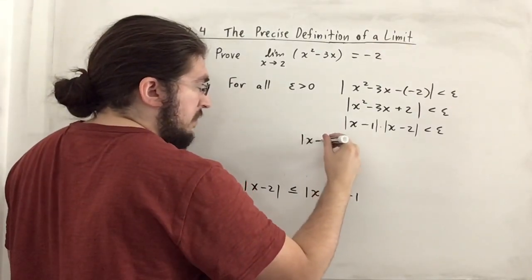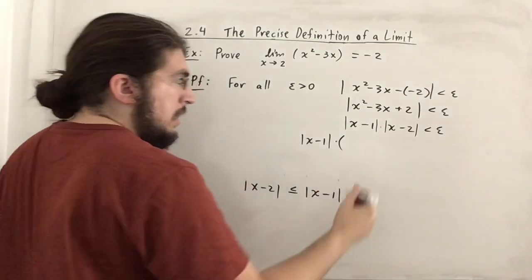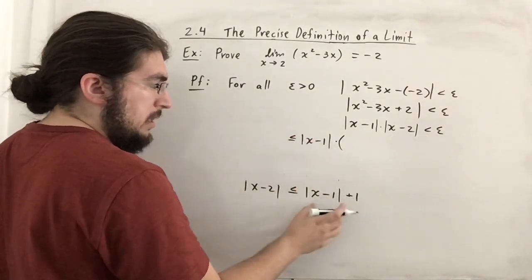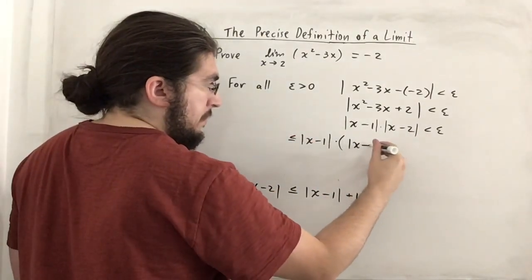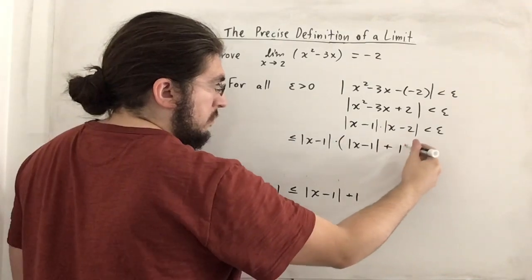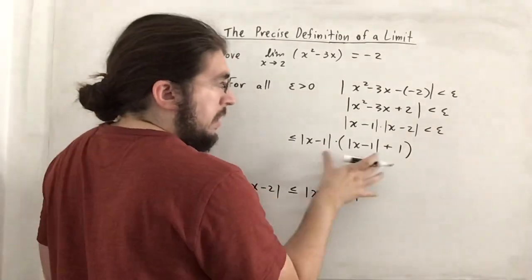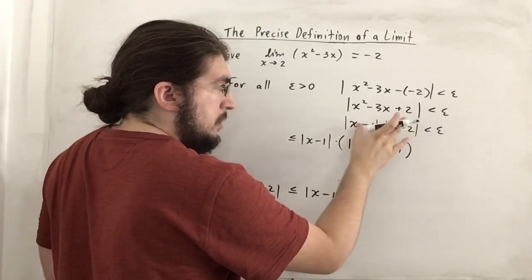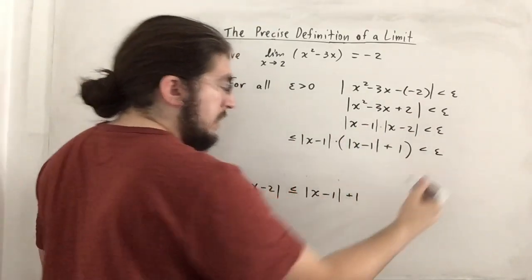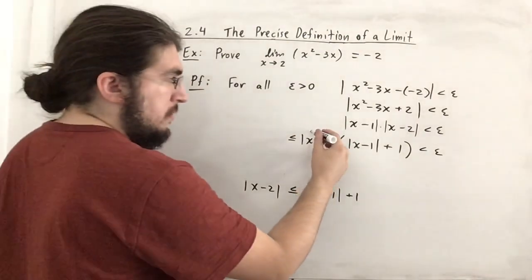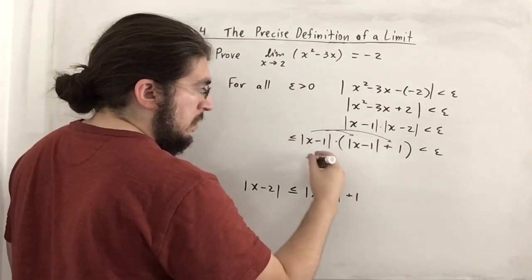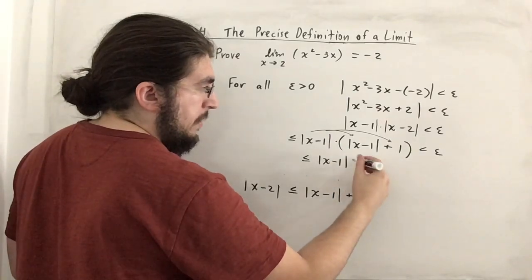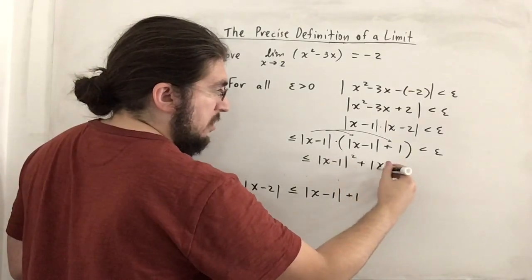So we have the absolute value of x minus 1 times the absolute value of x minus 2, but we know that's less than or equal to this. Now, if we're asserting that this is still less than epsilon, and if we distribute this, then we'll get the absolute value of x minus 1 squared plus the absolute value of x minus 1.